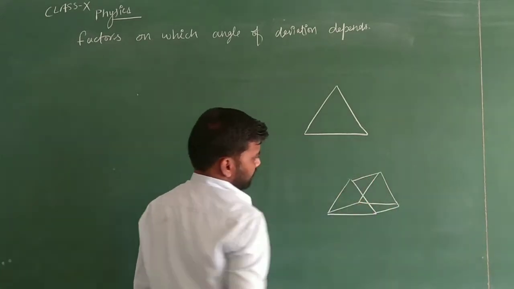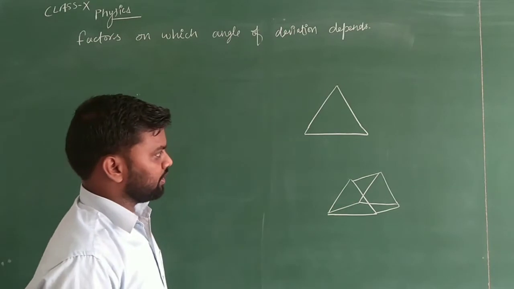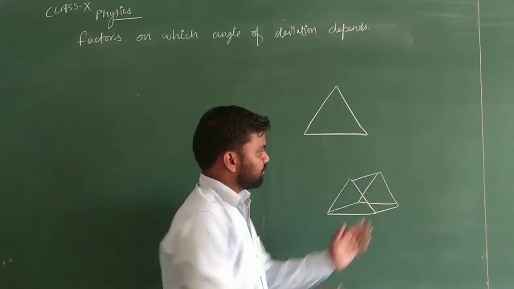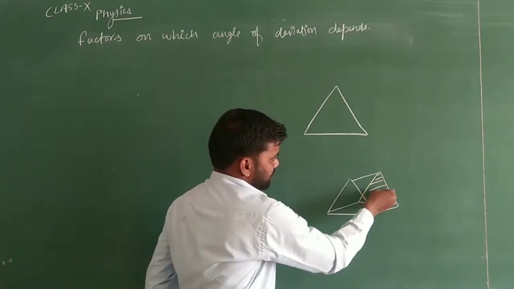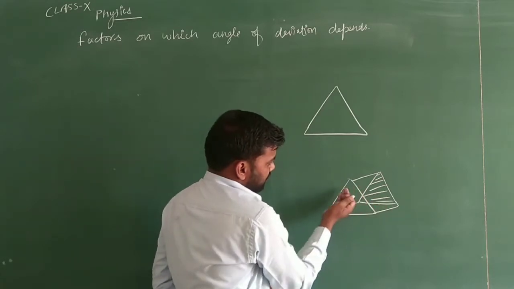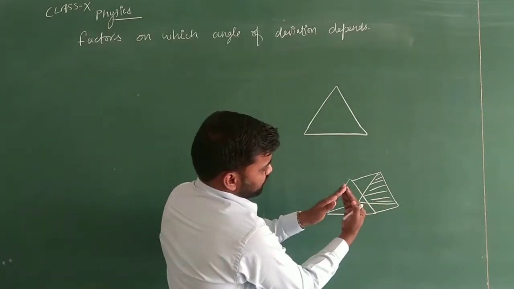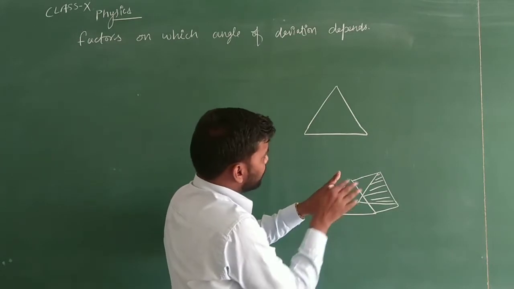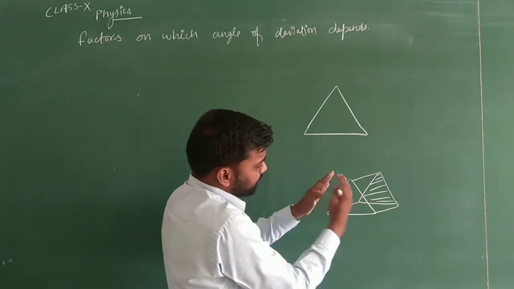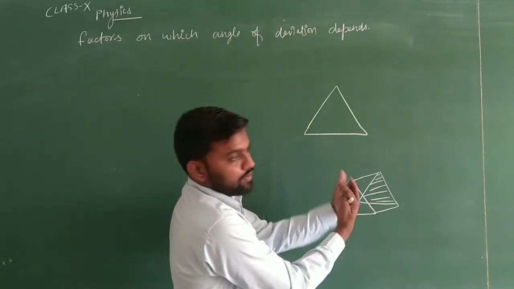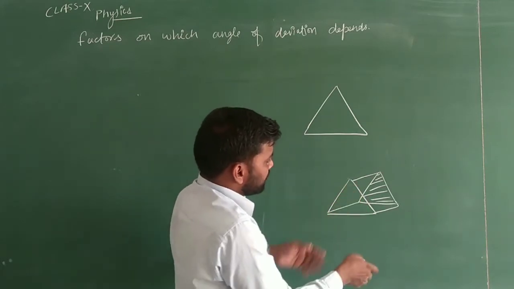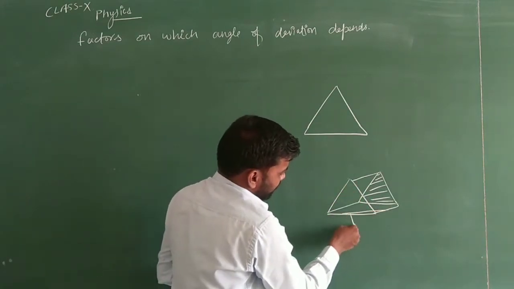So we are generally taking this face, this side, and one surface on this side. Suppose this is the prism and the front view we are taking, it is the refracting surface, and on this side it is also the refracting surface. The lower side is known as the base.